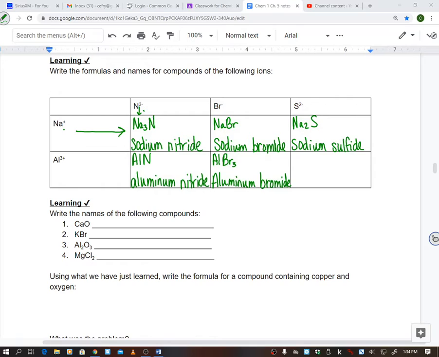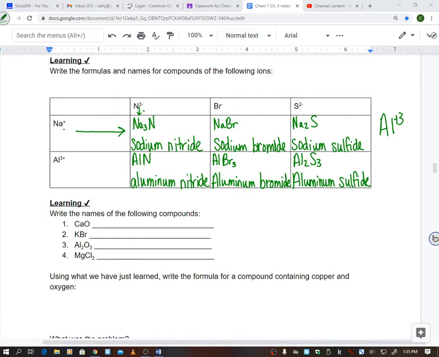And lastly, if you flip-flop these charges here, it's going to be Al2S3, and that is aluminum sulfide.